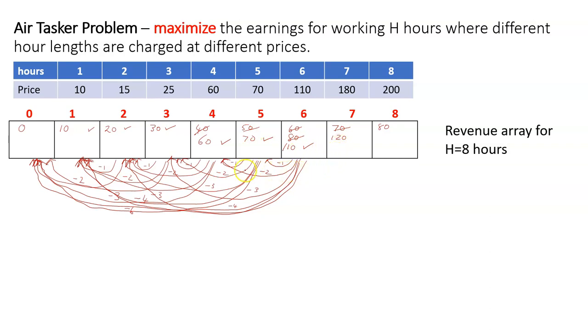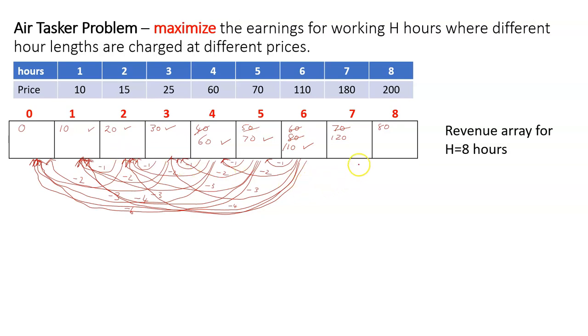Go back 3 hours to 4 hours, 60 plus a 3 hour job, 60 plus 25, that's 85, that's no improvement. Back 4 hours to 3 hours, 30 plus a 4 hour job is 90, not an improvement. Back 5, $20 plus a 5 hour job is 20 plus 70, that's $90.